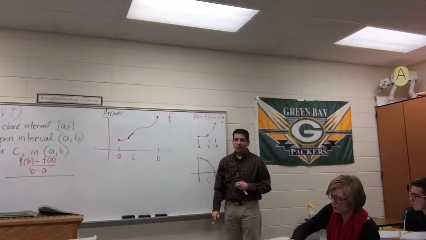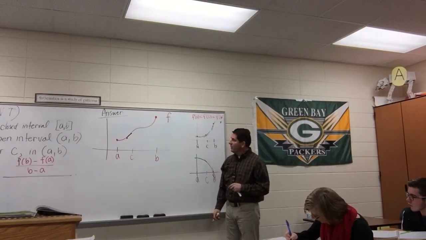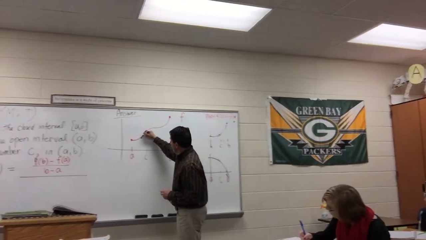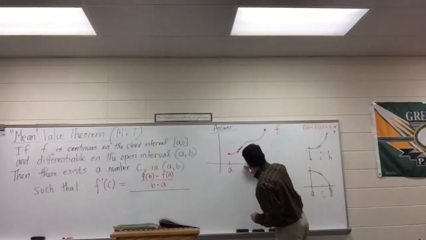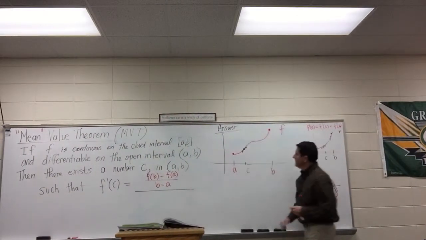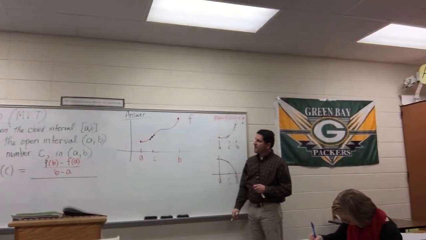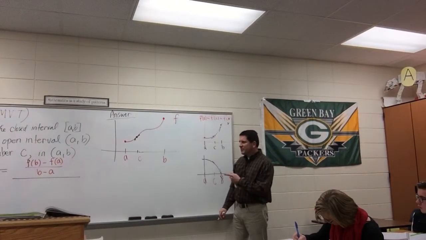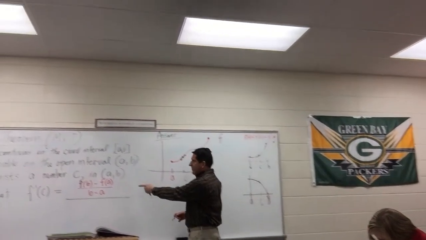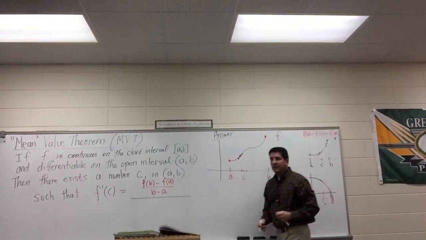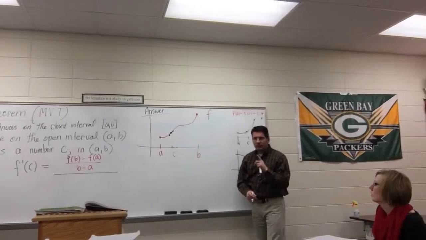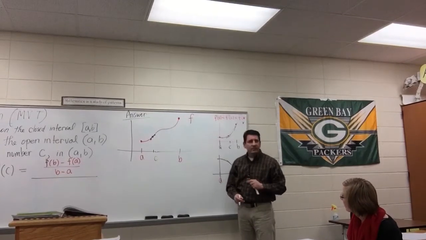It's the slope of the function at x equals C. I'll line those up better. Is equal to this. What is that thing? It's the slope formula, but what two points am I using?